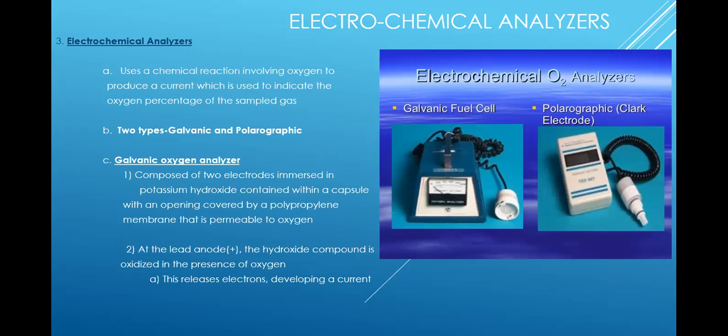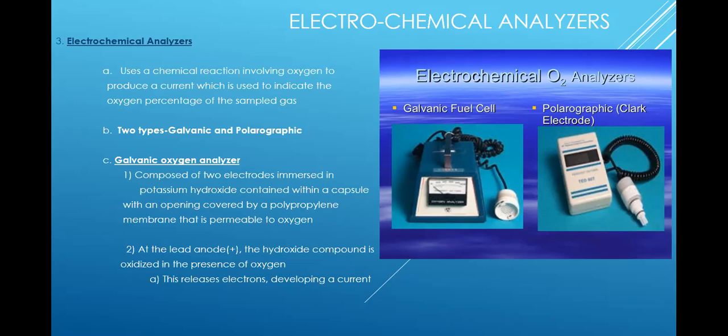I just want to go ahead and get those things that distinguish them. So the paramagnetic measures what? The first type, partial pressure. Then the second type is the electrical analyzer, right? The electrical analyzer measures the what? Percentage. And that gas needs to be what? Moist.